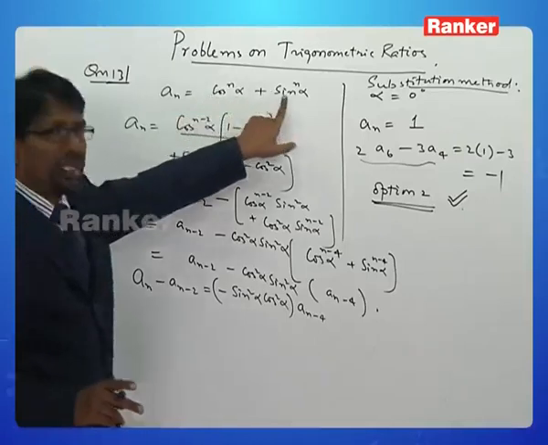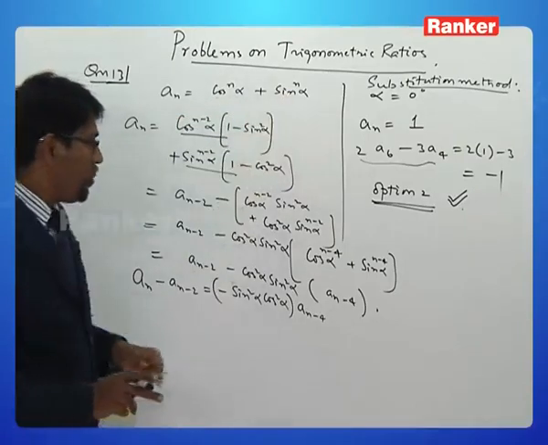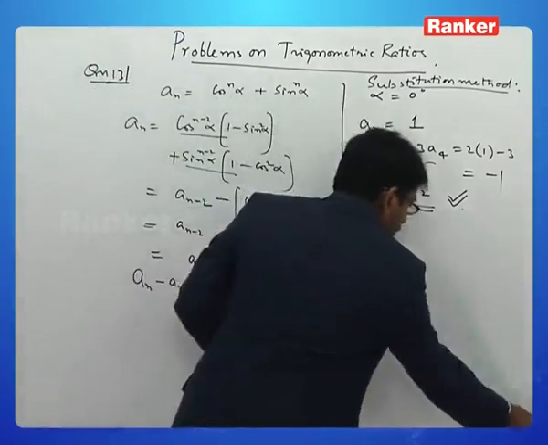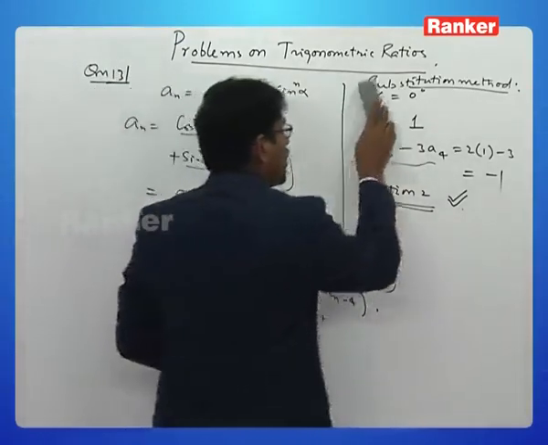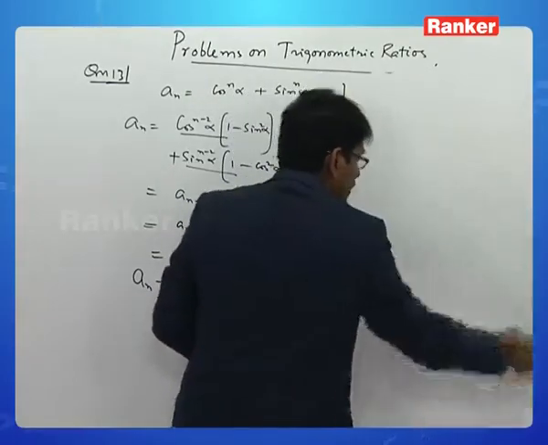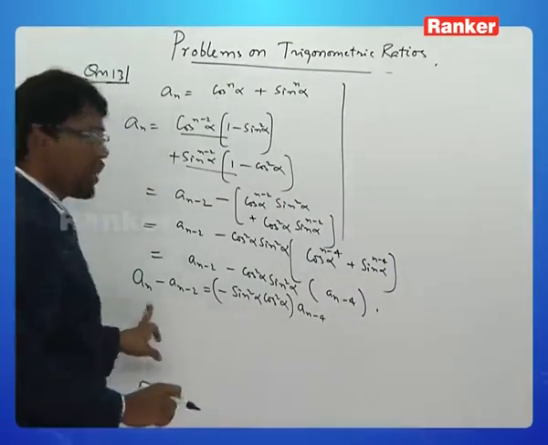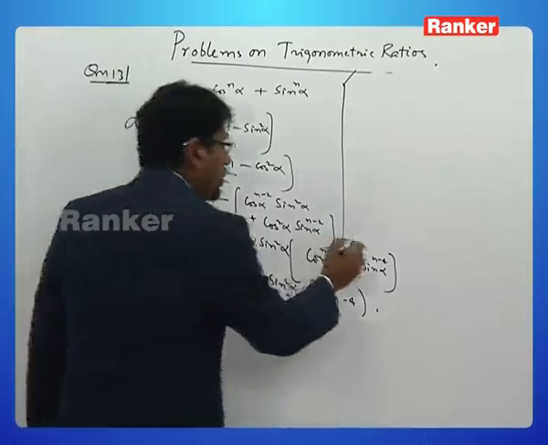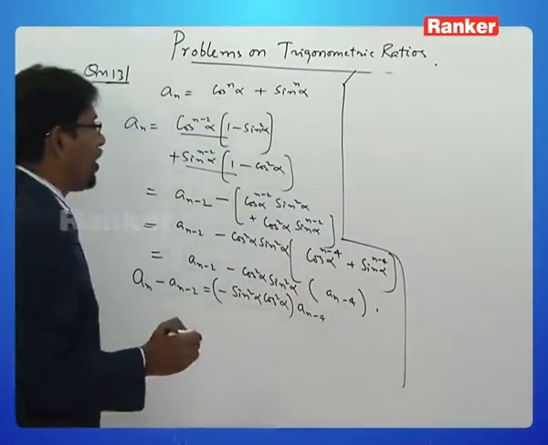Cos square alpha plus sin square alpha, which is equal to 1. So maybe it gets reduced that way. So let me simplify using this recursive relation. This is a recurrence relation that you have got. Let us use this recurrence relation and obtain the value.